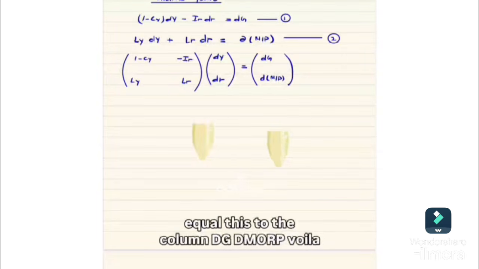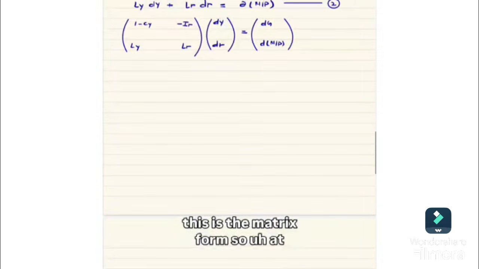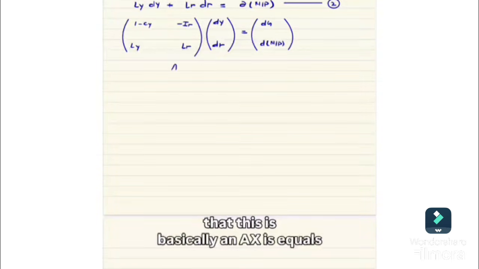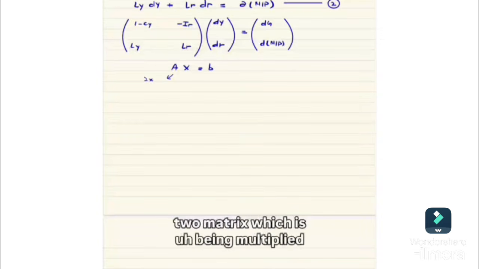At this point, you can recognize that this is basically an Ax equals b system, where you have a 2 by 2 matrix being multiplied by a column vector which is 2 by 1.